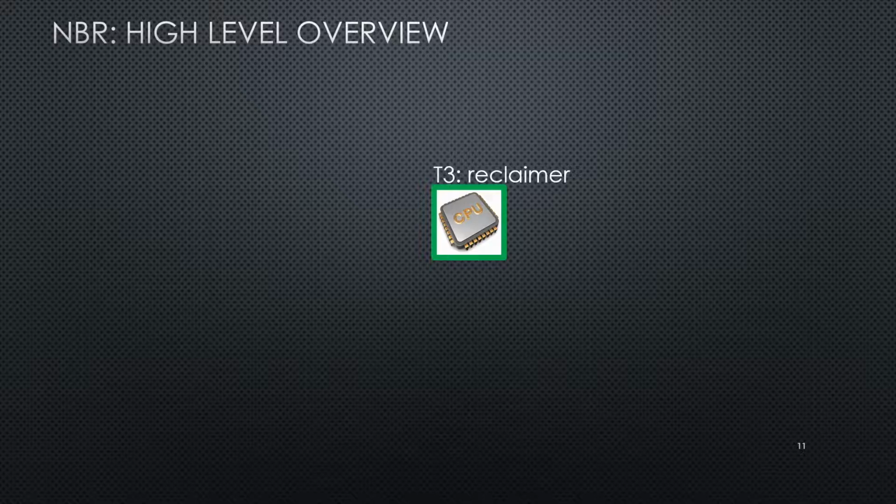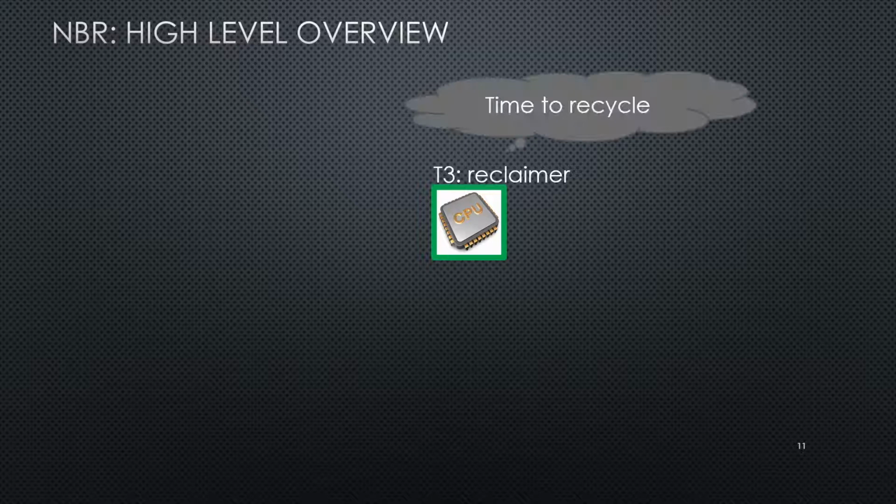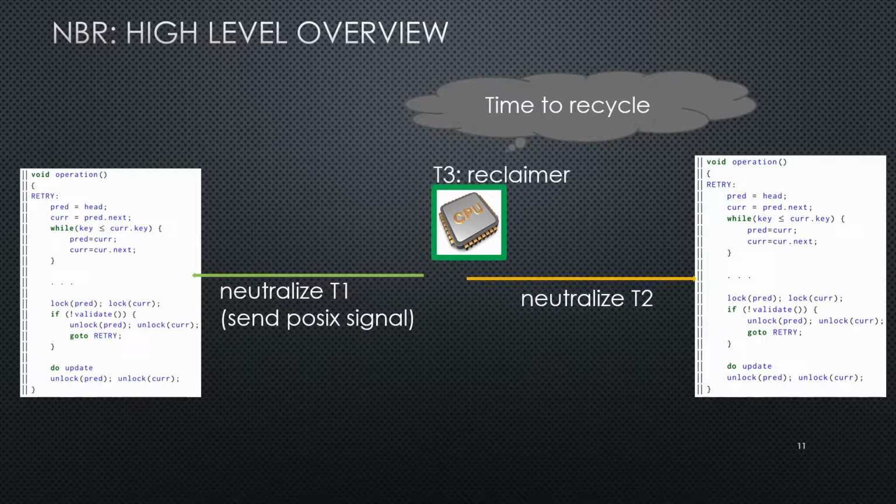Let's say a thread T3 has accumulated enough retired records, and then it sends neutralizing signals to all the other threads in the system. If a thread receiving this neutralizing signal happens to be in the read phase, let's say thread T1 is in the read phase when it receives this signal, it can simply restart because it hasn't done any changes to the underlying data structure yet.